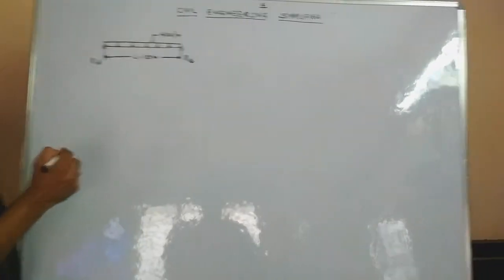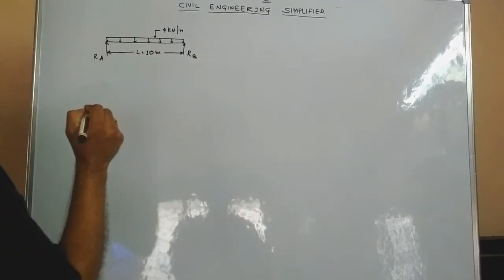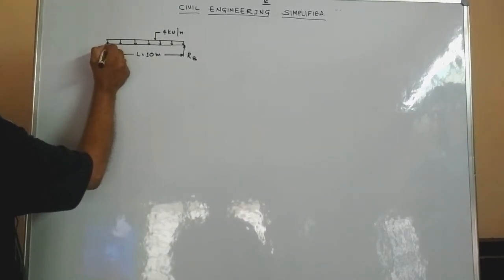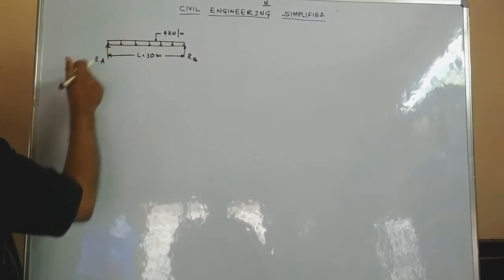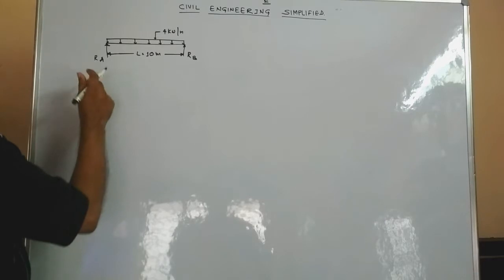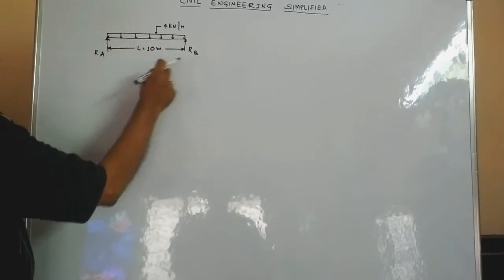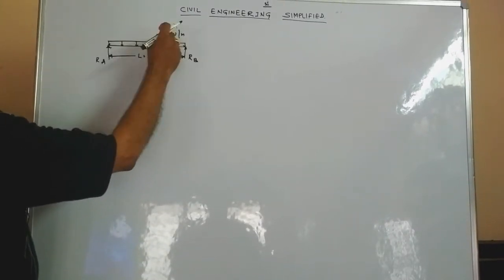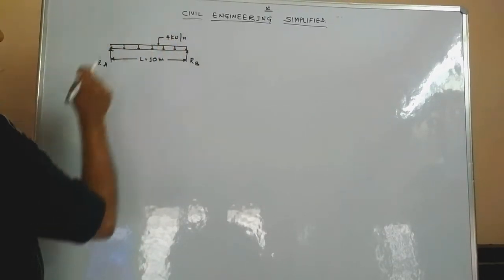So as a first step for calculating the support reactions, we will take the reaction where RA is acting as the reference point, and take moments about point A. For this, as we know, RB is acting upwards and the uniformly distributed load acting on the beam is acting downwards.